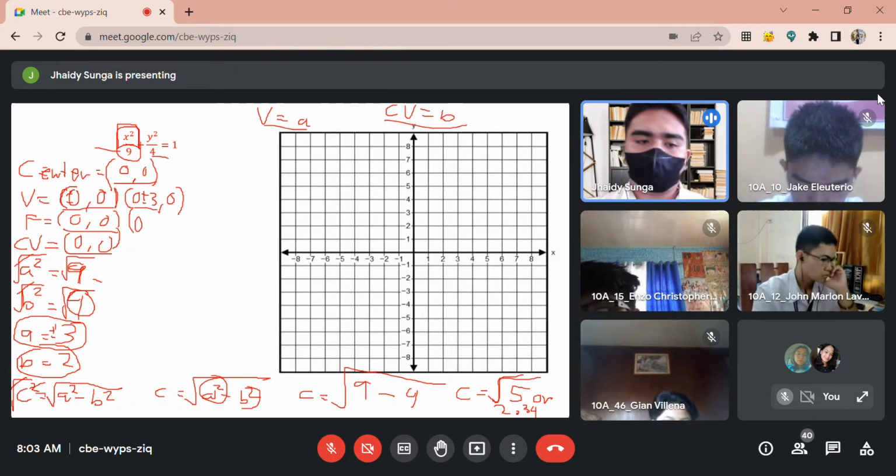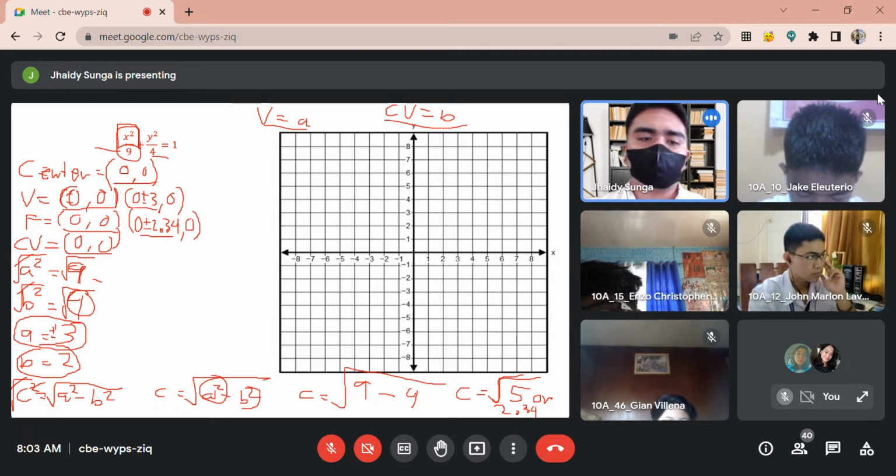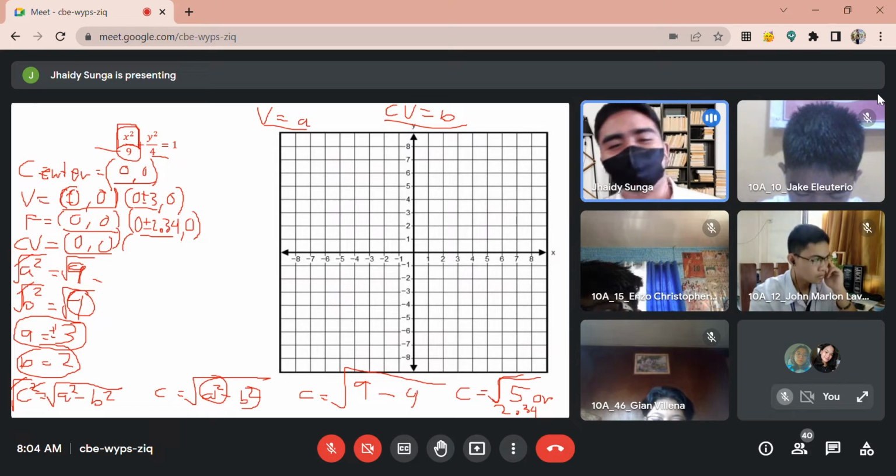It's 2.24. You are going to add and subtract 2.24. Then your y-intercept is 0. How about your co-vertices? Co-vertices are the enemies of the vertices.